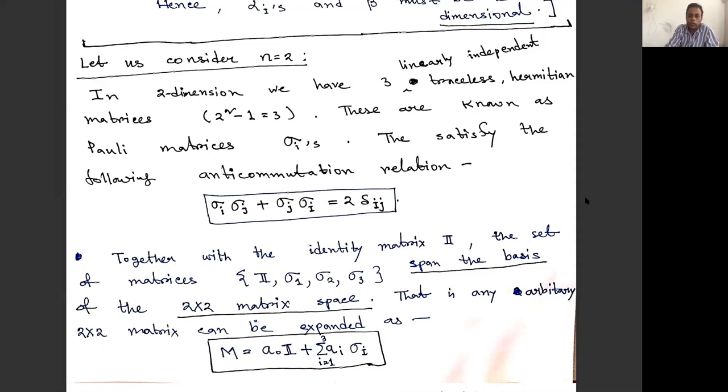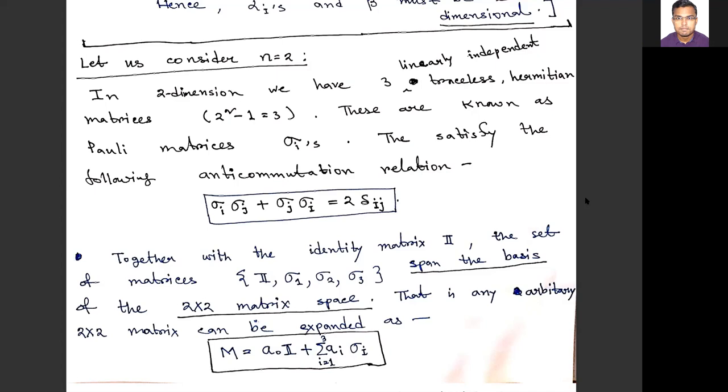By the way, how many basis vectors do you need in the 2 by 2 matrix space? Just like in 3 dimensions, if you want to write a vector r, you need 3 basis vectors: x hat, y hat, z hat.